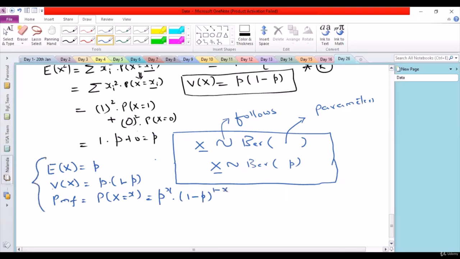Please remember, these are the formulas for the Bernoulli distribution. Any questions, friends?